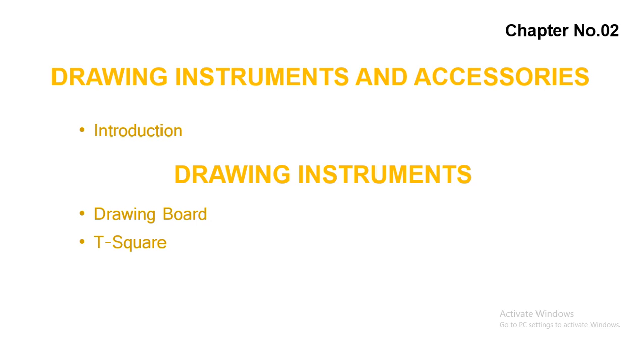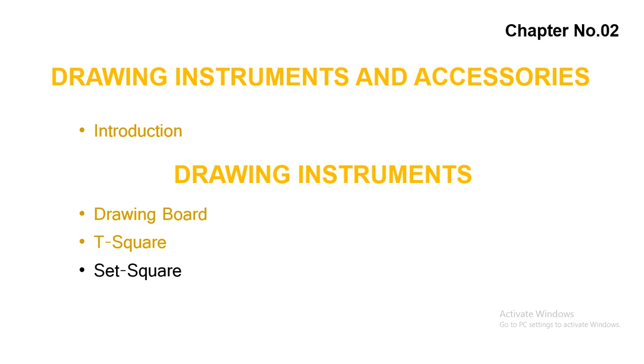Third is set square. Set squares are usually made of celluloid. Their edges are oblique. Some edges are also straight with centimeter and millimeter marks engraved on them. One set square has one angle of 90 and two angles of 45 degrees, while the other has angles of 30, 60 and 90 degrees.